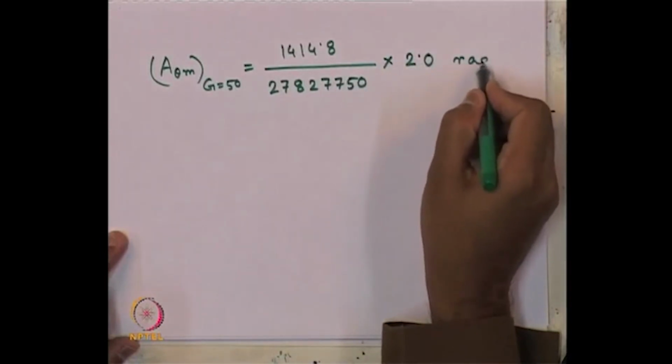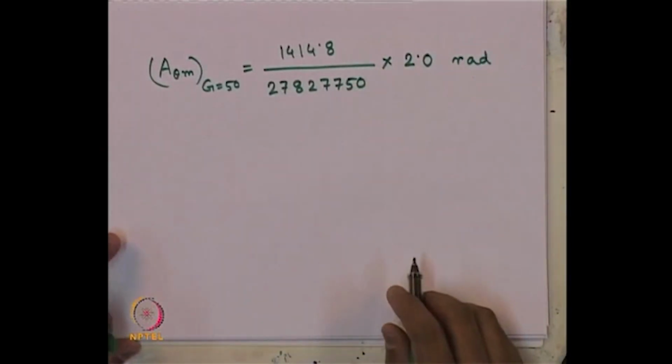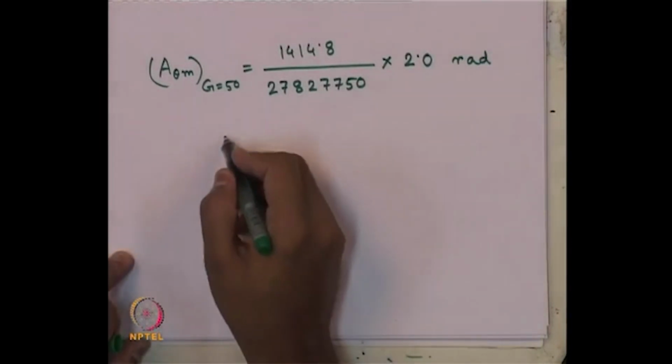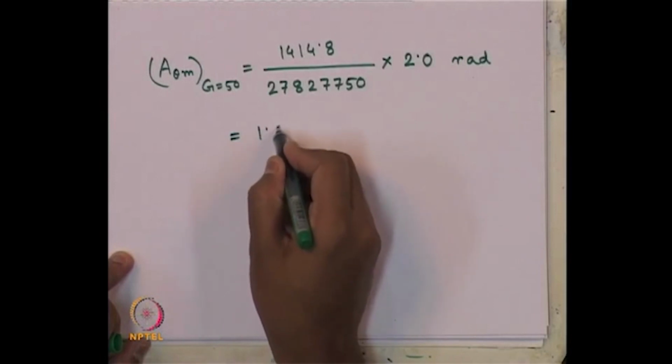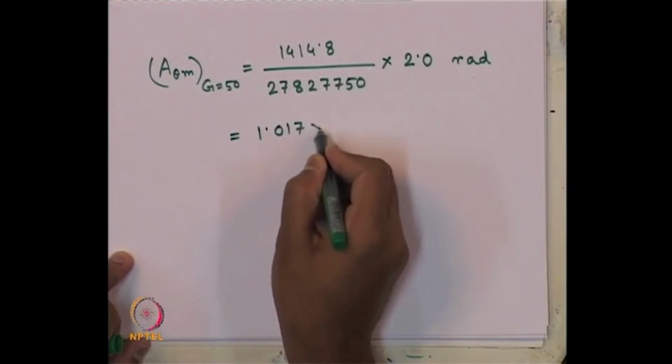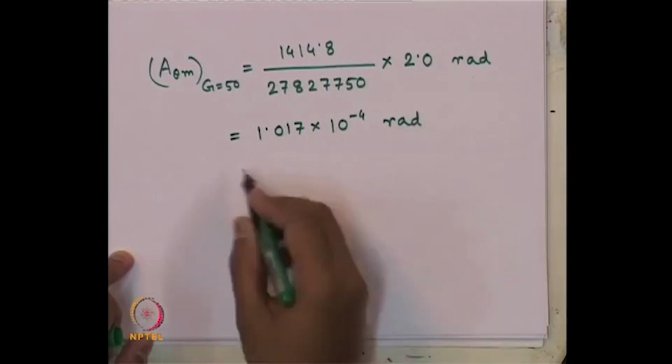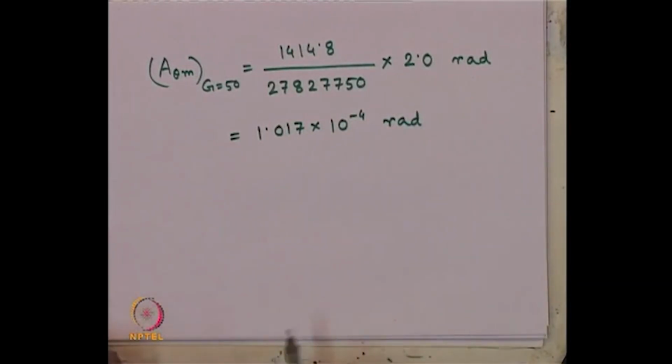So much of radian. Am I right? Units are consistent. So, it is giving us 1.017 into 10 to the power minus 4 radian. As I said again, this angular or torsional displacement we can compute in terms of linear dimension also by multiplying the corresponding length.